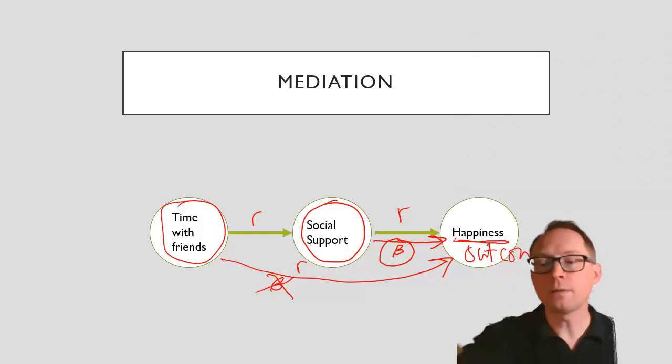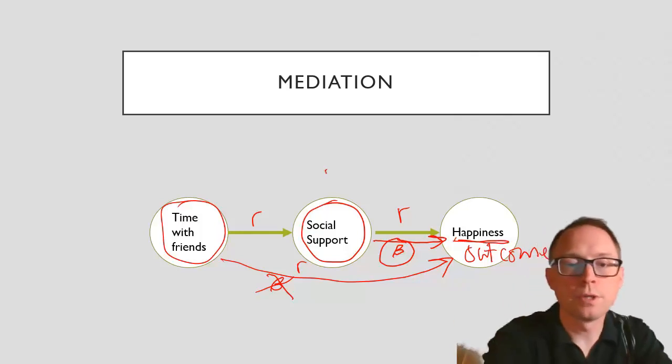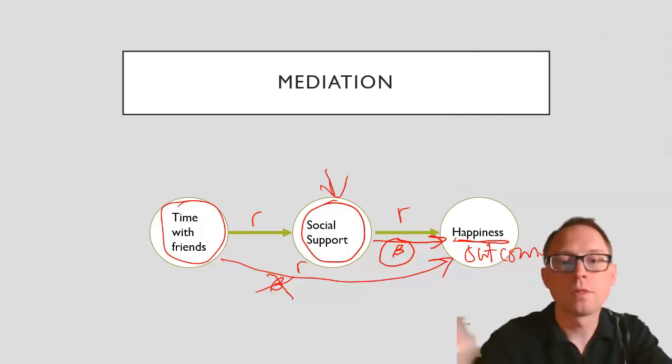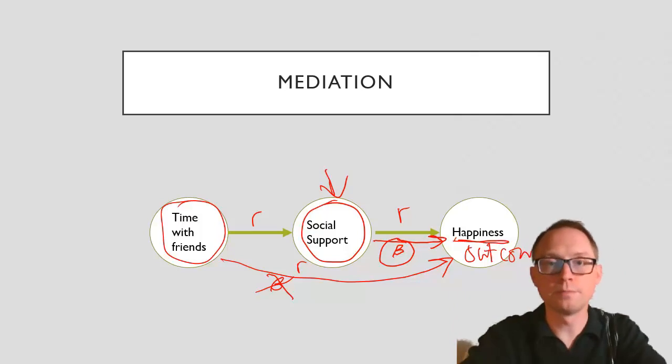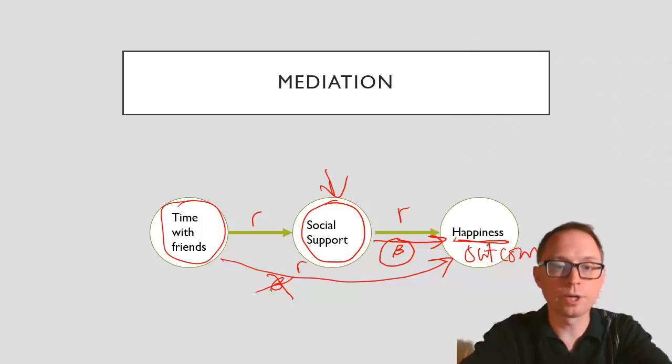The mediator, which is social support, the one in the middle, the one that is mediating things, should have a significant beta on the outcome. But the first predictor, in this case time with friends, should not have a significant beta with the outcome.